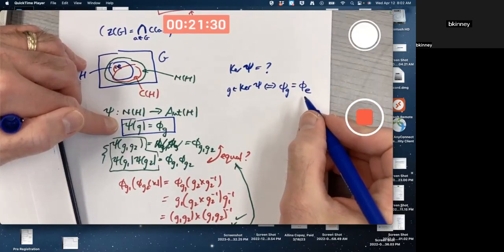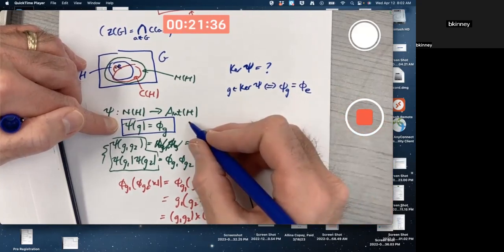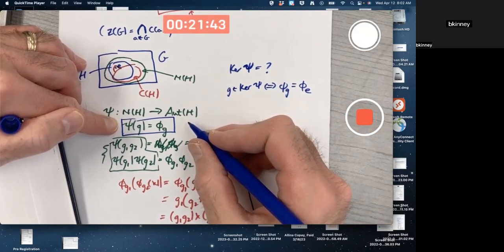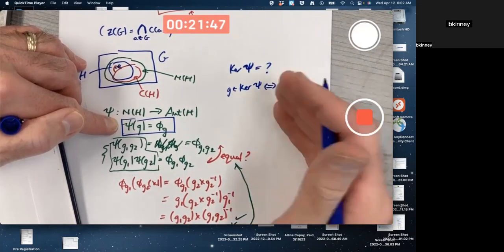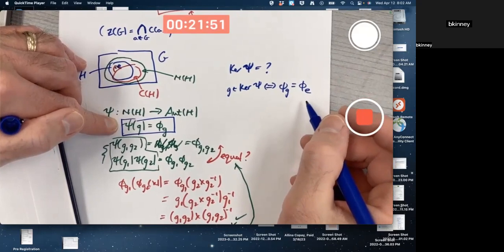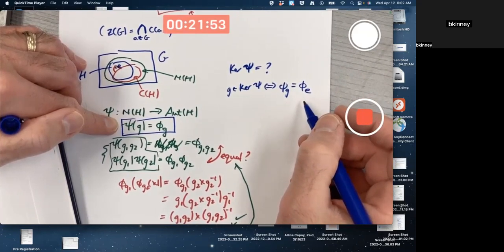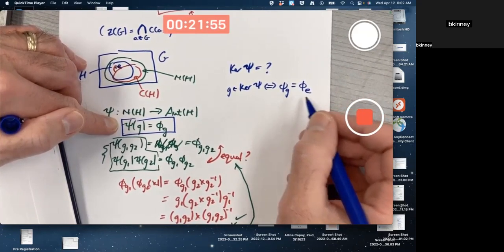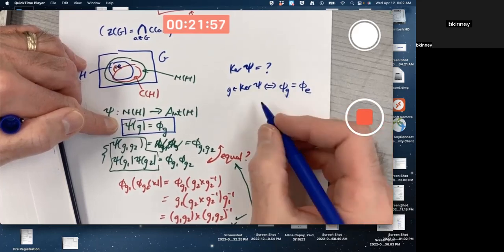Phi sub e is certainly the identity element of the group of inner automorphisms, Inn of H, I should say. It's also the identity element of the group of automorphisms, Aut of H, because, again, inner automorphisms are automorphisms. And this certainly is the identity map. It certainly maps everything to itself. So the question is, when does that happen?